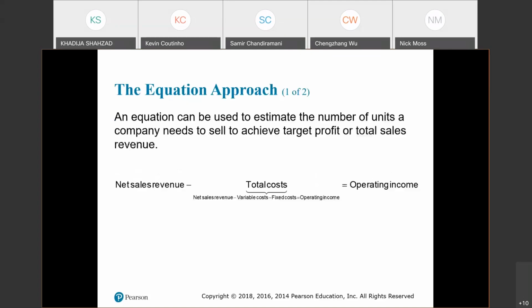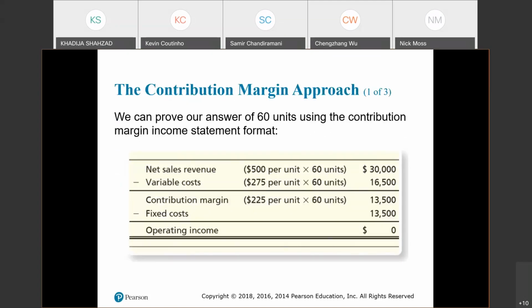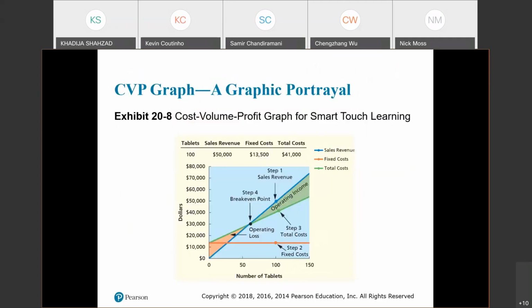Let's look at this graph. In this graph, the blue line that starts from the origin point indicates sales revenue.